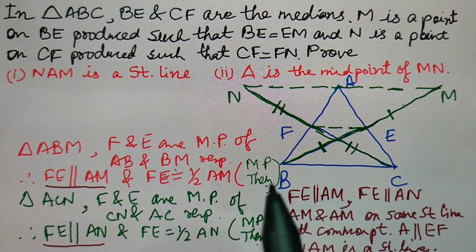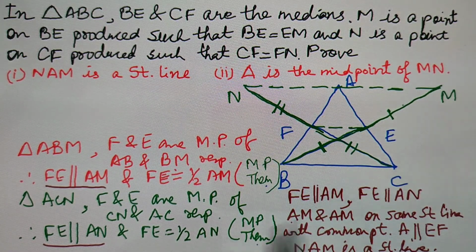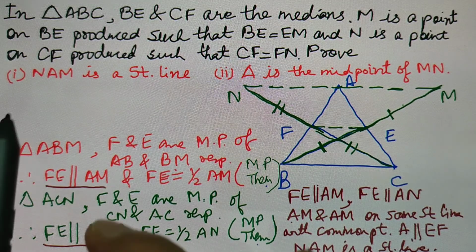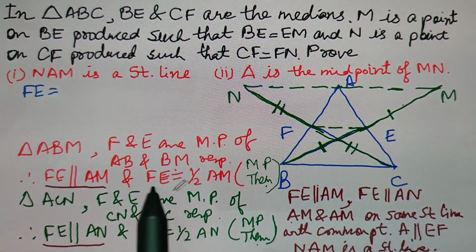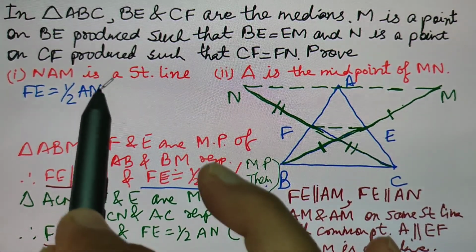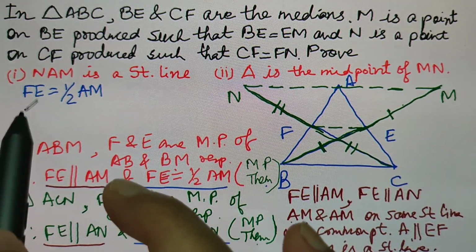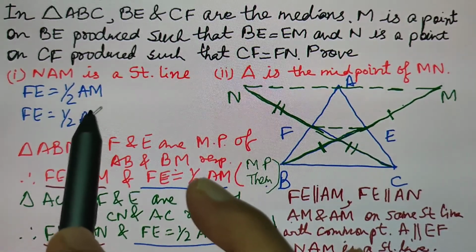Okay, cool. Let us see the second part of the question where we have to prove A to be the midpoint of MN. Now from the first case where FE was parallel to AM, we got FE equal to half of AM, and in the second case where FE was parallel to AN, we got FE equal to half of AN.